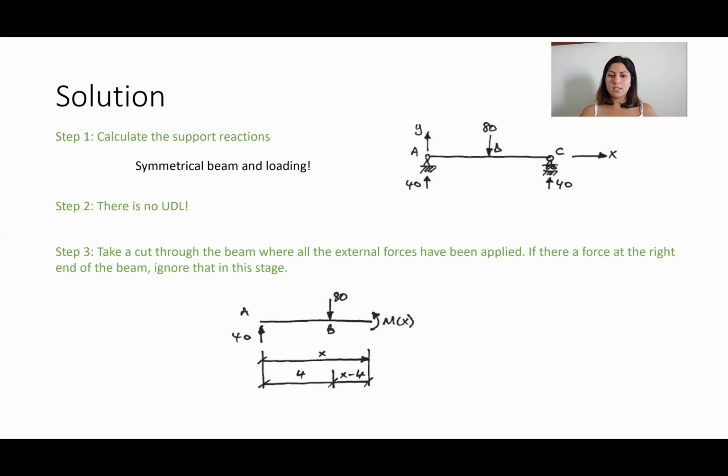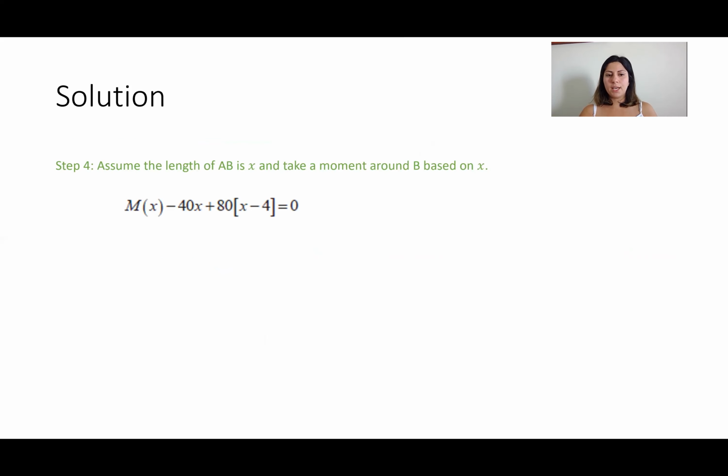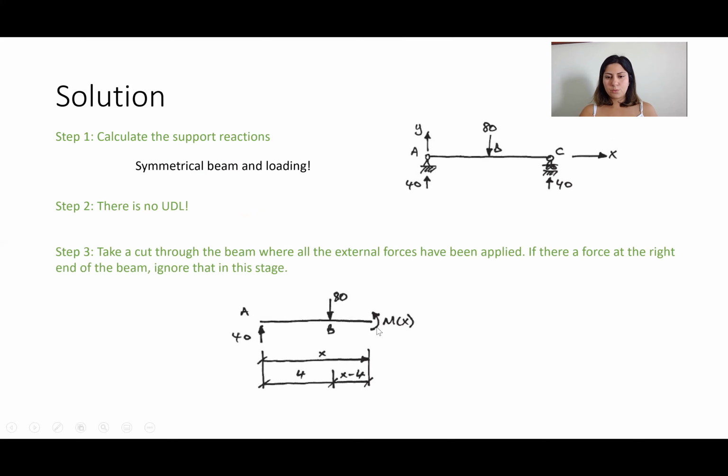As you can see, I assume counterclockwise is positive. It is up to you, doesn't matter. So that would be Mx minus 40 times x plus 80 times (x minus 4).